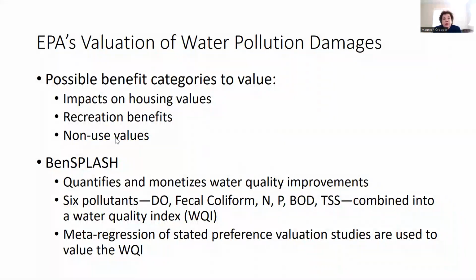When you want to look at the impact of water pollution on housing values, on recreational benefits, on recreational fishermen, on boaters, and so forth, these are values that are going to vary throughout the country. It's going to be much more difficult to estimate these than it is to estimate the health impacts of a change in PM 2.5 at the 1 kilometer by 1 kilometer level.